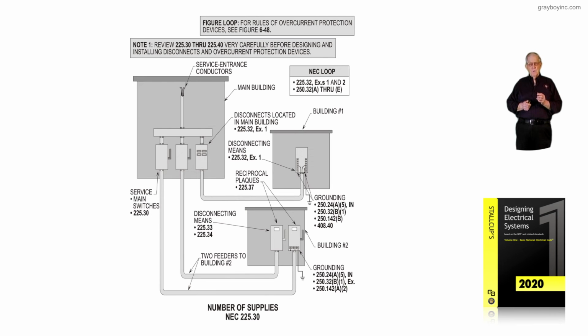But if you do this as a designer or installer, if you haven't already, you will understand perfectly the number of supply feeders you're allowed to a building: one automatically, more than one, you must justify by applying 225.30, just as in the same manner, if you had more than one service, you had to apply 230.2.